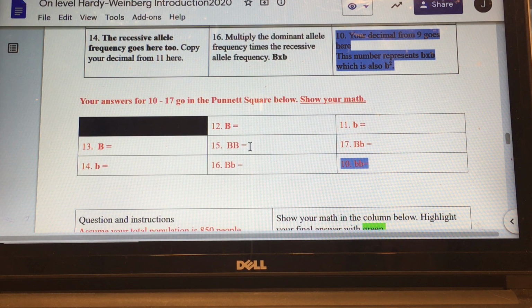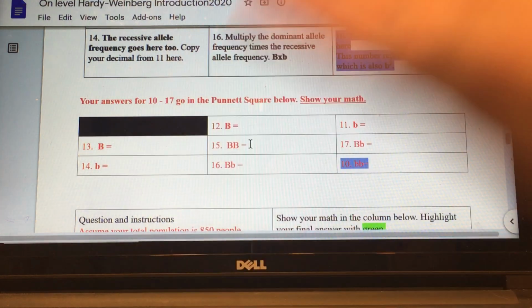To get the homozygous genotypic frequency, not the number of homozygous individuals, you would just take your dominant allele frequency times your dominant allele frequency. So this number times this number, which is the same as this number squared.